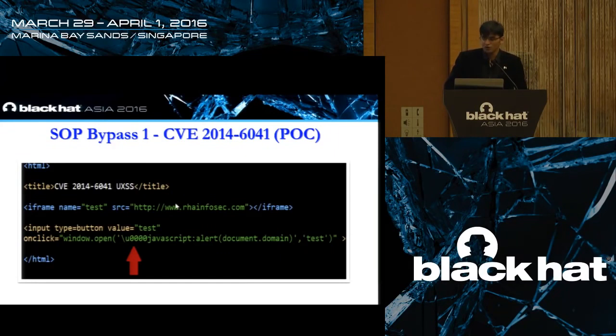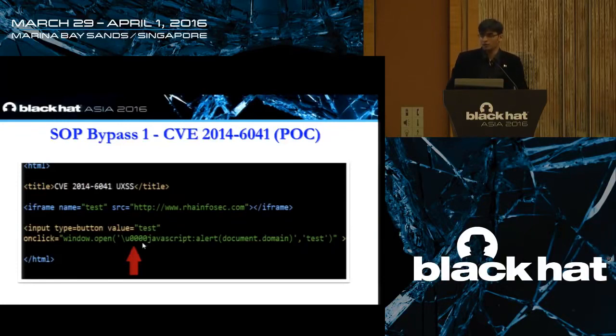What we are doing in this code is framing, by using the iframe tag, rhainfosec.com. And then by using the window.open function, we are trying to execute JavaScript in the context of the framed website. However, what we are doing here is appending the null byte before the JavaScript scheme.